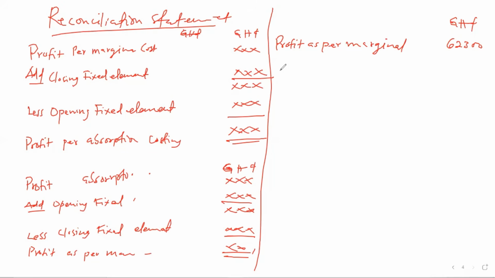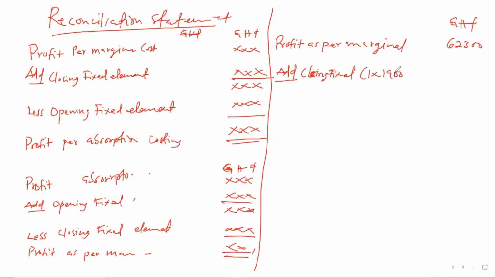The format is saying that when we start with the marginal profit, we should add the closing fixed elements. The fixed cost per unit is 1 in the question.